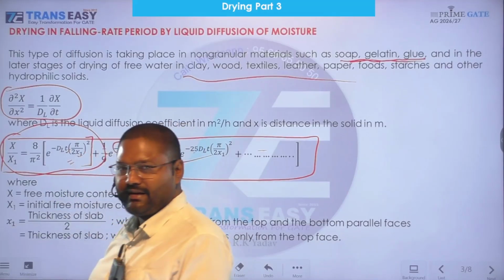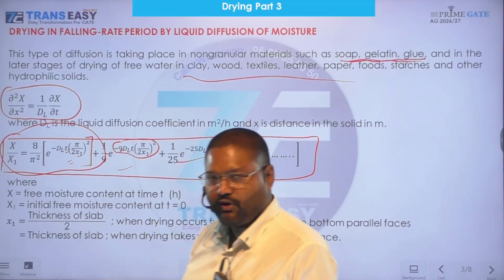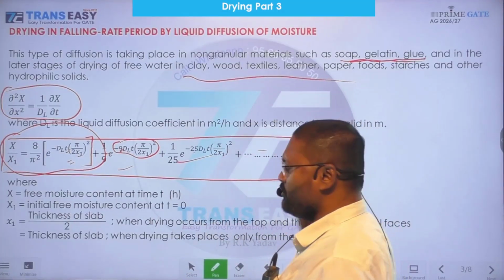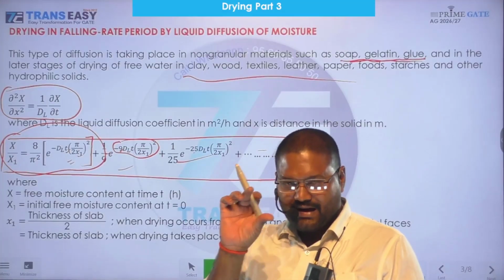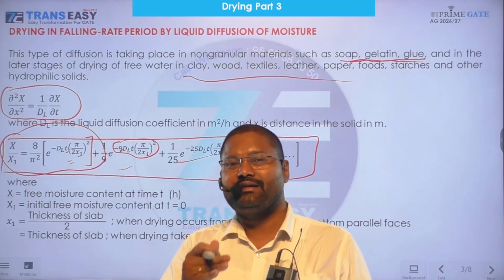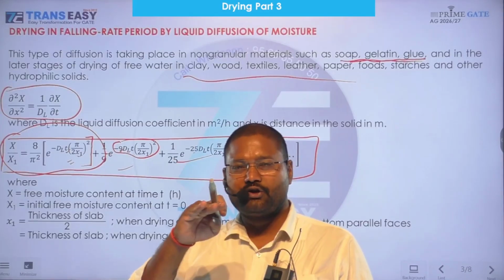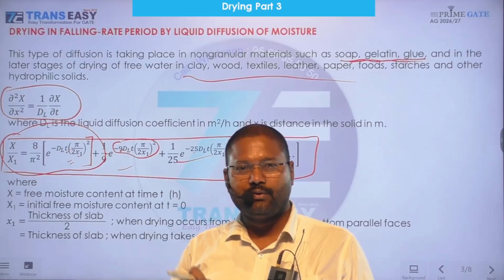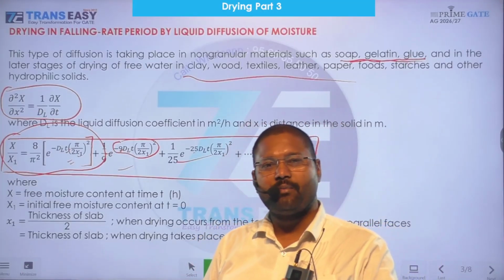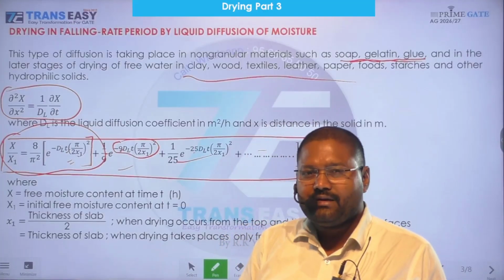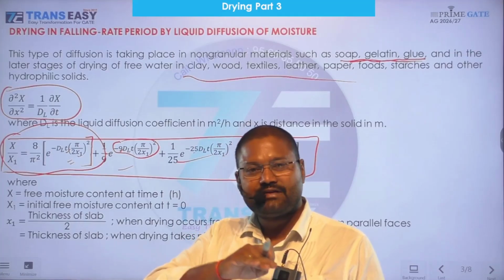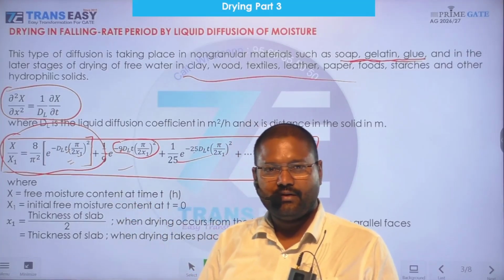A small x1 is thickness of slab of soap-like material, gelatin-like, glue-like, thickness of slab upon 2 if drying is taking place on both sides. If drying gas is flowing over top and bottom, in that case, a small x1 is thickness of slab upon 2.